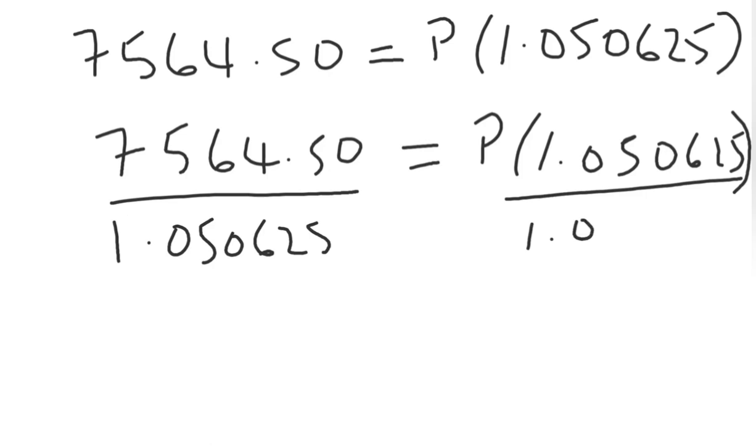So we divide both sides by the same number to keep the balance. So that would cancel out that.